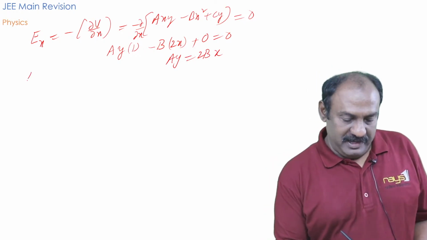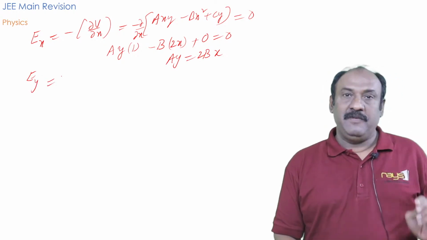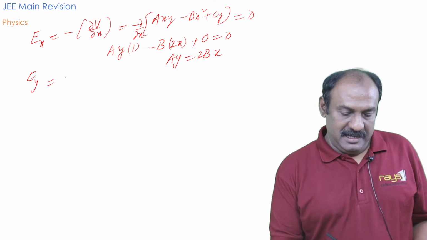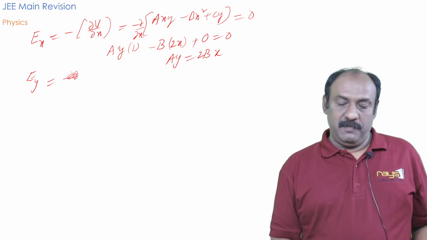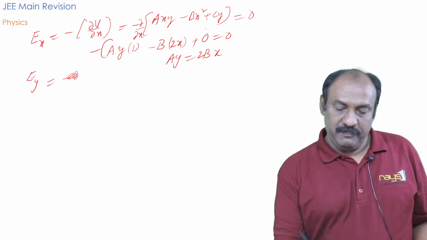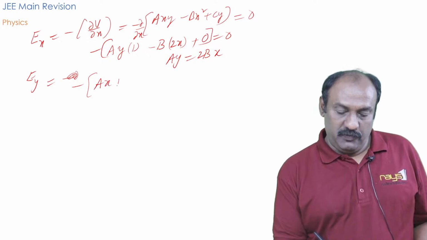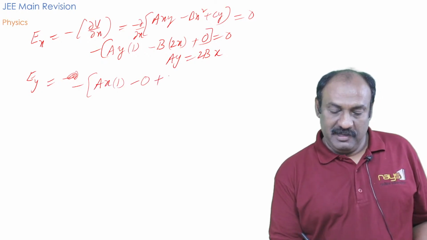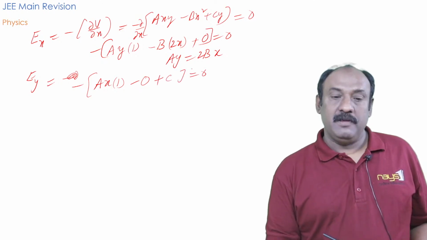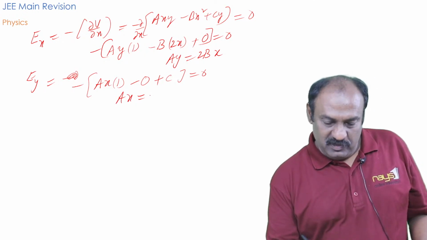In a similar way, Ey is equal to, by doing the same differentiation of the same equation with respect to y, so Ey equal to minus of a into x into for y it is 1, minus bx square constant 0, plus cy, c equal to 0. Therefore ax is equal to minus c.